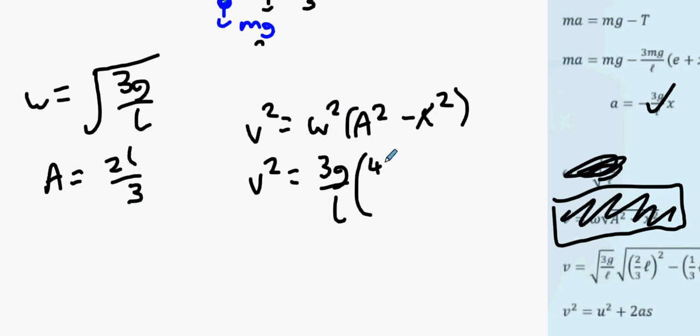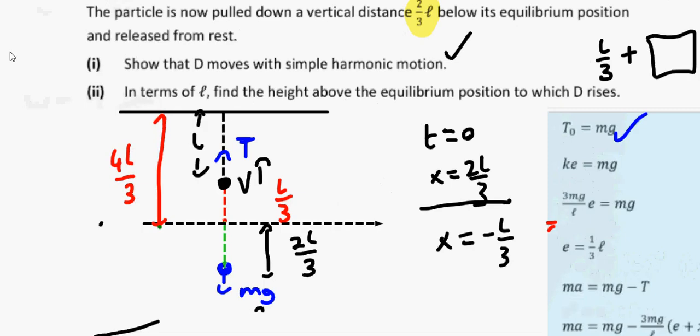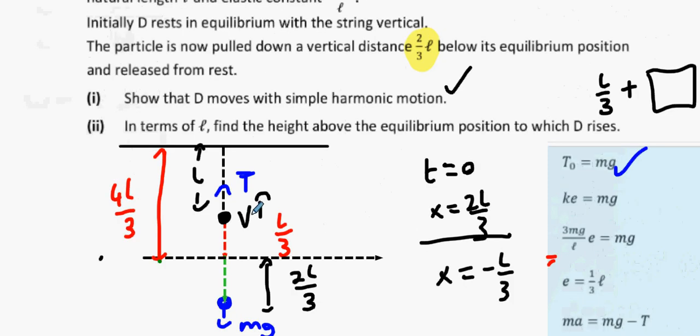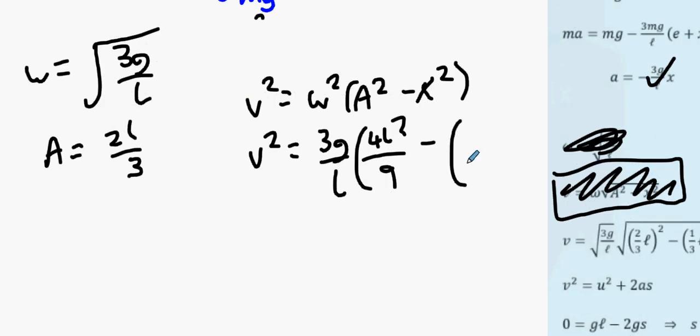And we get 4L squared over 9. What's our x position? At the point where we're looking for this velocity? Minus L over 3. Yeah, because we're squaring it, if you actually did put in L over 3, you still would have got the same answer, but arguably you still could have got marks removed from you because you were wrong. Okay. Do you have a question for me?